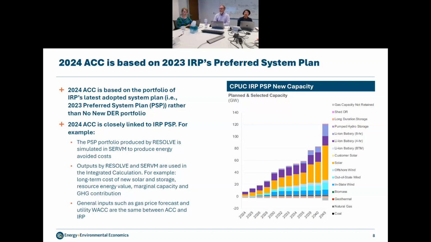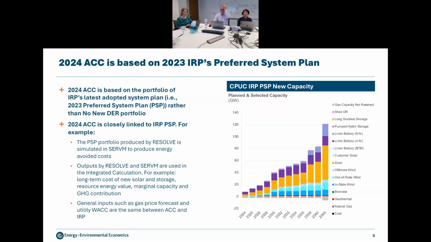For example, the portfolio produced by the PSP by RESOLVE is also simulated in the SERVER to produce the energy avoided cost. And so the outputs by RESOLVE and SERVER are also used in the integrated calculation.